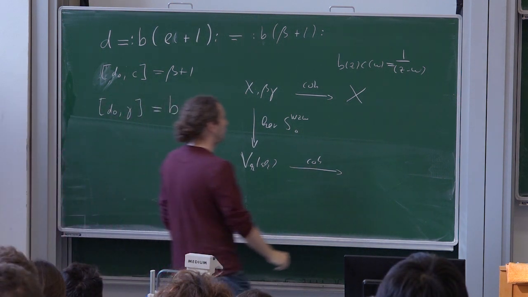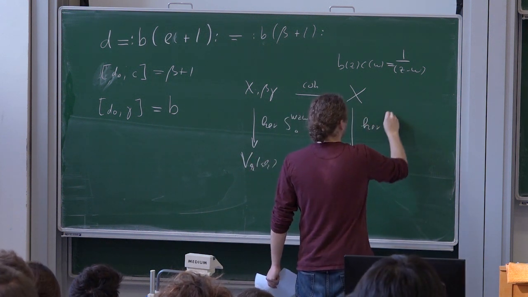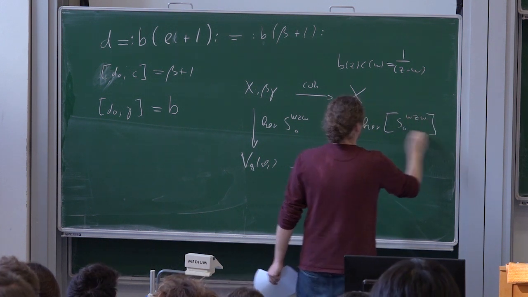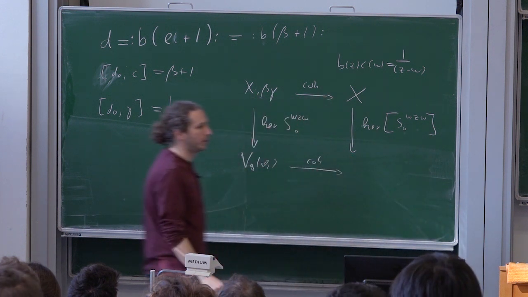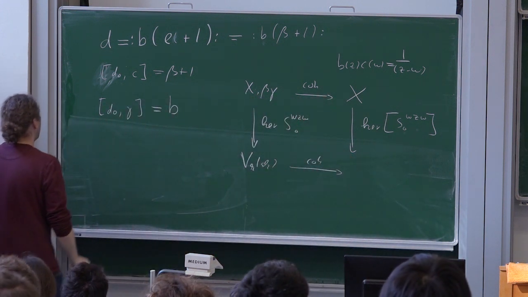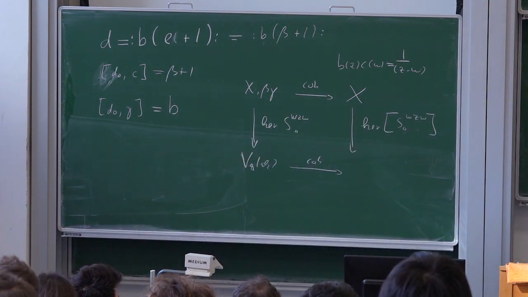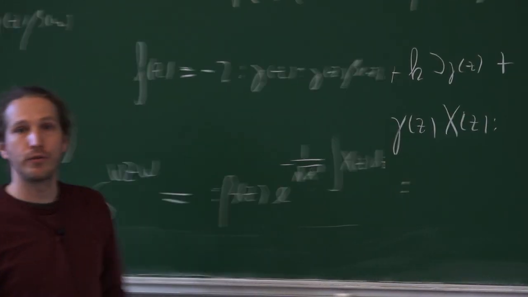So now what I do is I take the kernel of the class of the screening charge in cohomology. But now look at the screening charge. It's beta times something in X, something in the free boson.